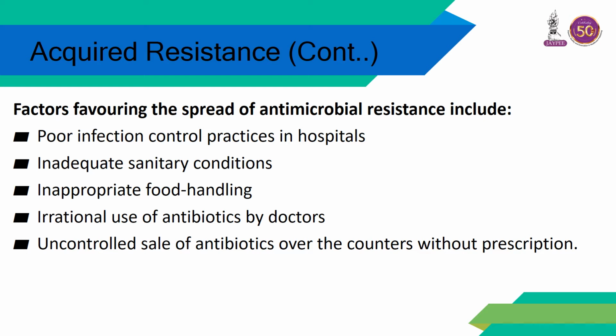Also, inappropriate food handling or irrational use of antibiotics by doctors or clinicians can play an important role. Uncontrolled sale of antibiotics over the counter without a prescription. Wherever we are overusing or misusing the antibiotics, there is a huge chance of generating resistance, rather, acquired resistance.